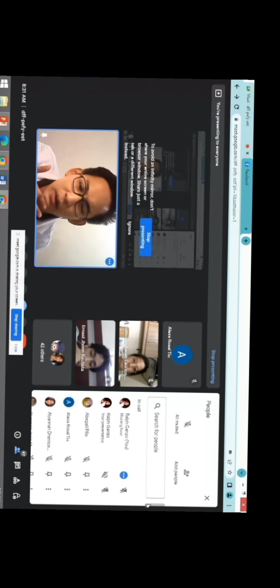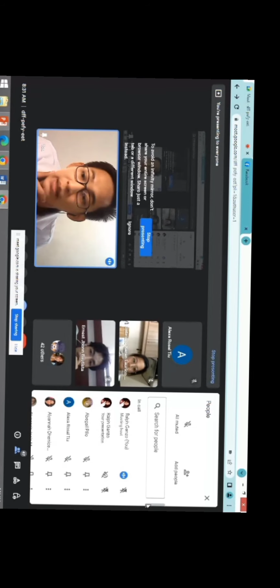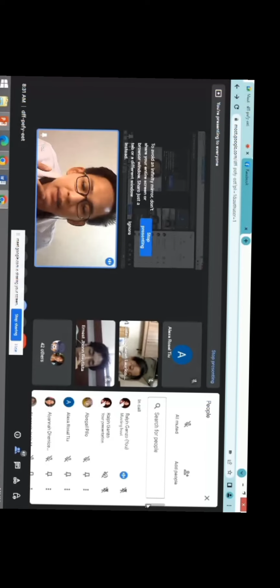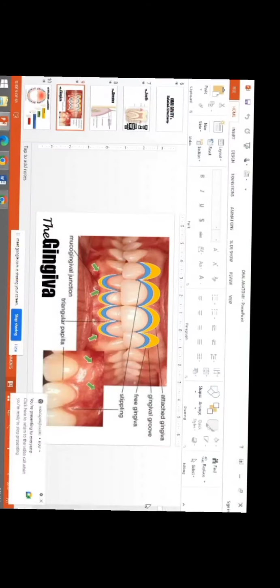Why do you think so? Why is the alveolar mucosa loosely attached? Any idea? No wrong answer. Just an idea. Look at the picture again. The alveolar mucosa on this side is loosely attached. It is not bound to the bone.